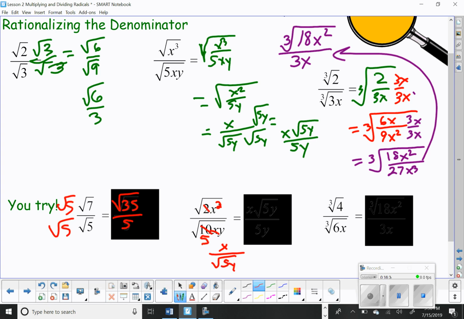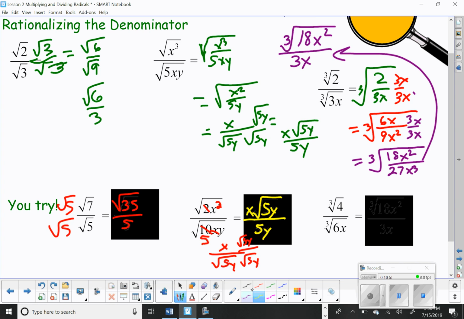So I multiply by the square root of 5y over 5y, and lo and behold, your final answer is x root 5y over 5y.